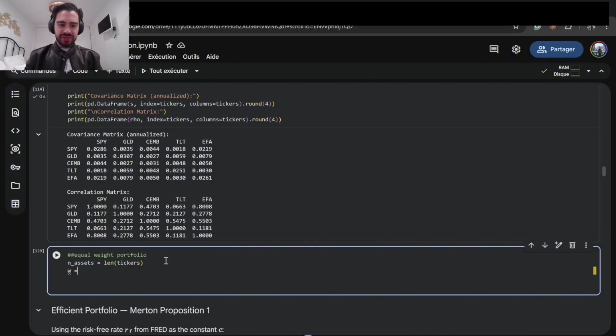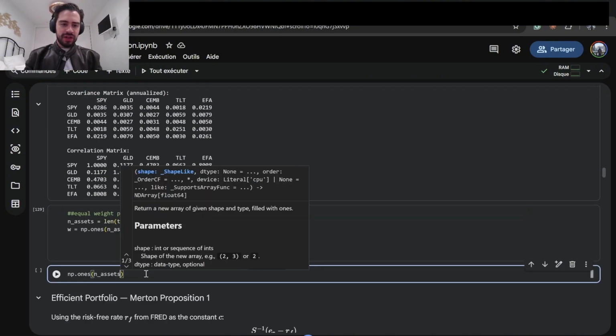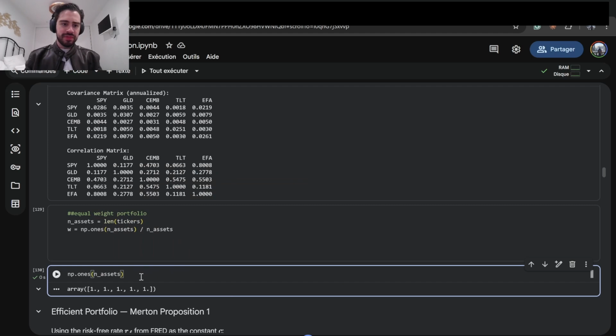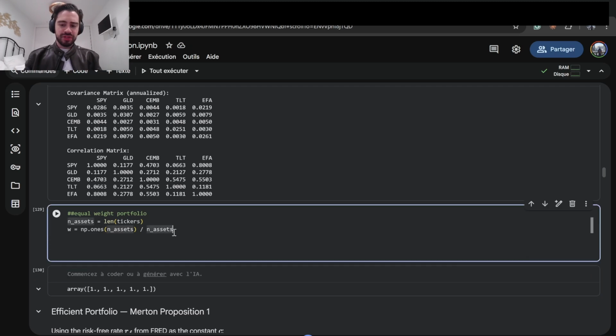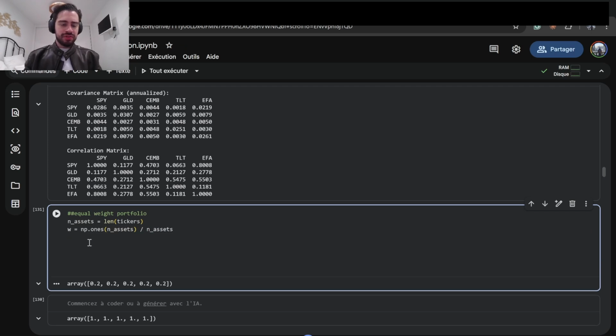I want equal weights, so it's going to be equal. With NumPy ones, since the number of assets is 5, I'm going to have an array of five ones, and each one of these is divided by the number of assets, so it's going to be 0.2. So I create this array of 0.2s. Okay, so now I have the weights.